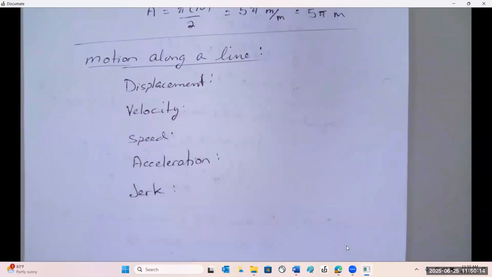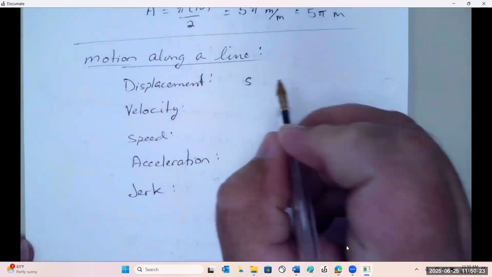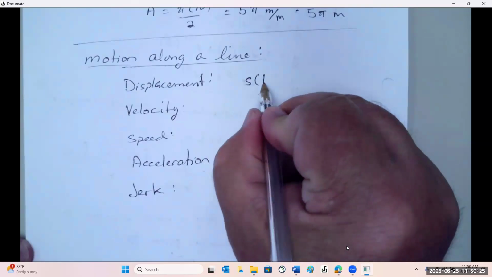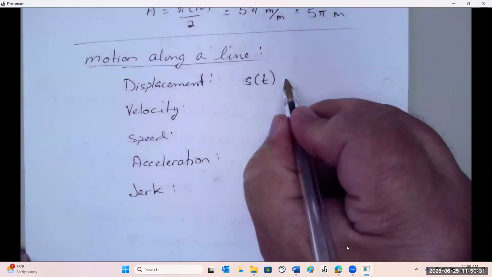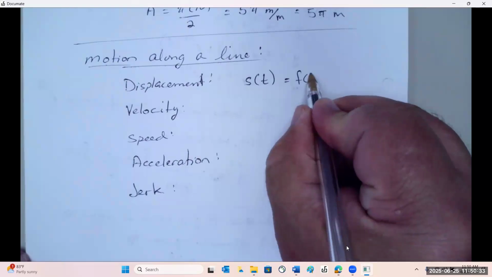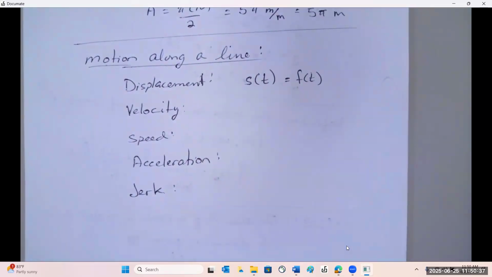What is displacement? Moving from point A to point B. Remember, since we're moving along a line, we have this with respect to time. So that is the function we're dealing with. It's s of t, our displacement.